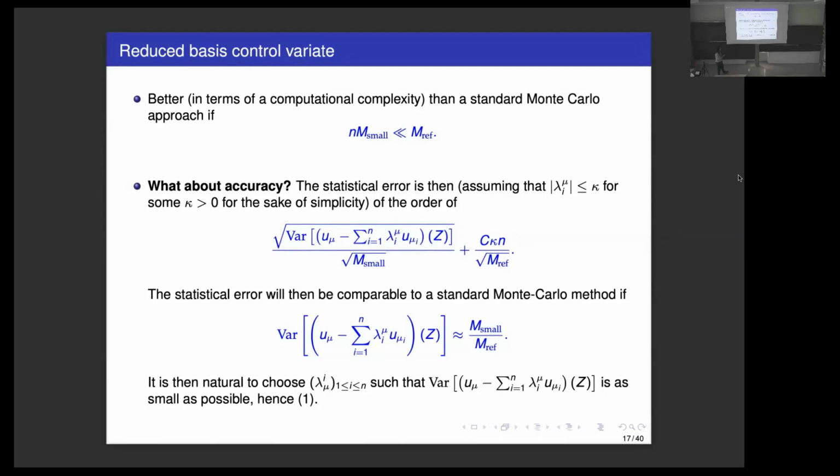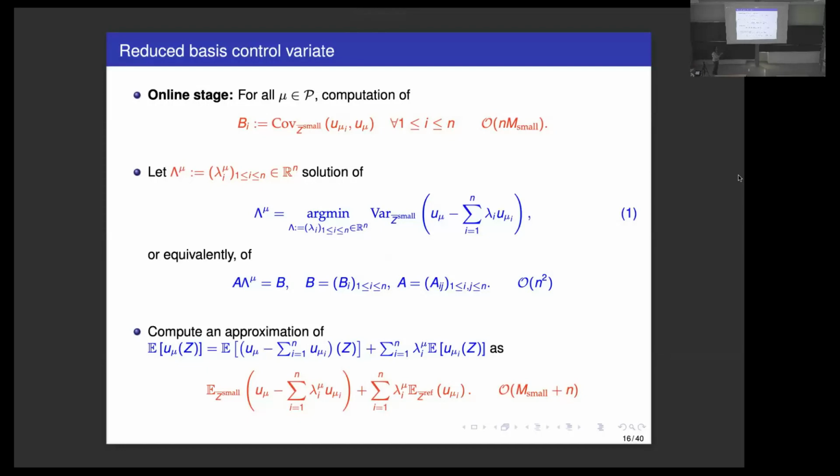To have a comparable statistical error, you need the variance of these objects, with the lambda mu computed as before, to be typically of the order of m small divided by m. That motivates why we take this value of the coefficients, in order to minimize this quantity. We want this quantity to be as small as possible for the method to be as efficient as possible.